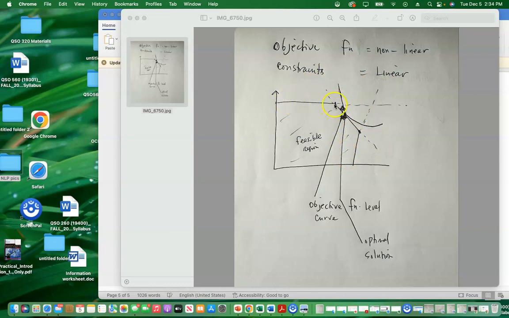So we have these endpoints for the constraints, and so we can say they are linear, and this is the feasible region. In this case, you can see that the optimal solution is at this point where the objective function touches this constraint.